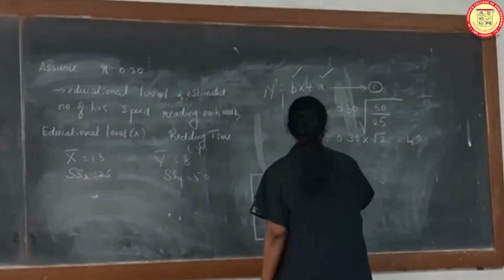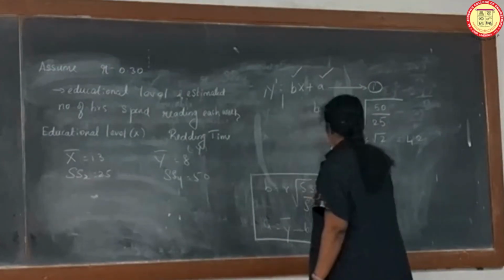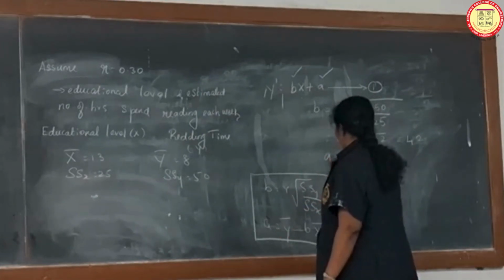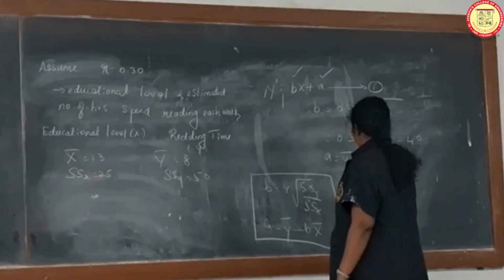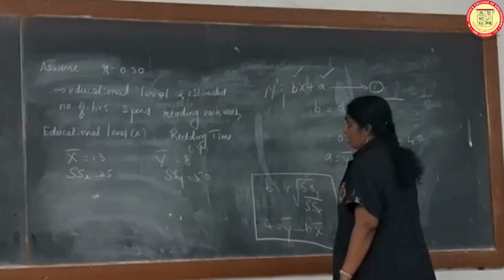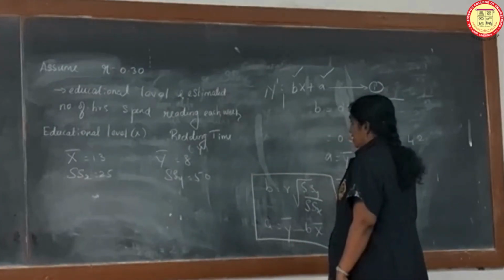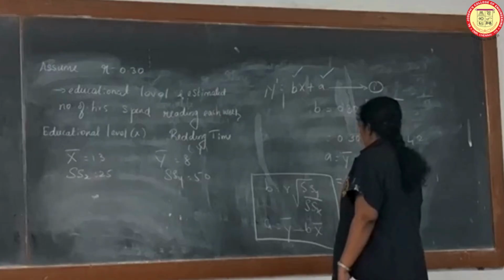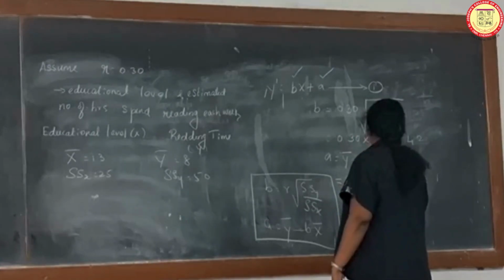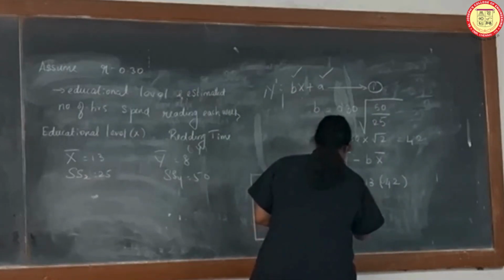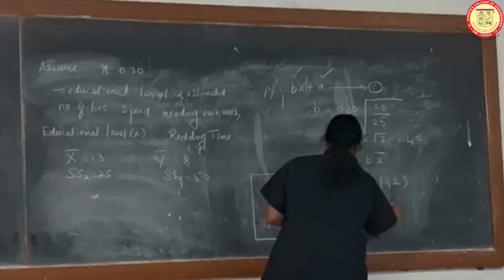Here the b value can be substituted in a. So a is equal to y bar minus b into x bar. Already you know the x bar value as well as the y bar value, so substitute them here. 8 minus 13 into 0.42. So a is equal to 2.54.